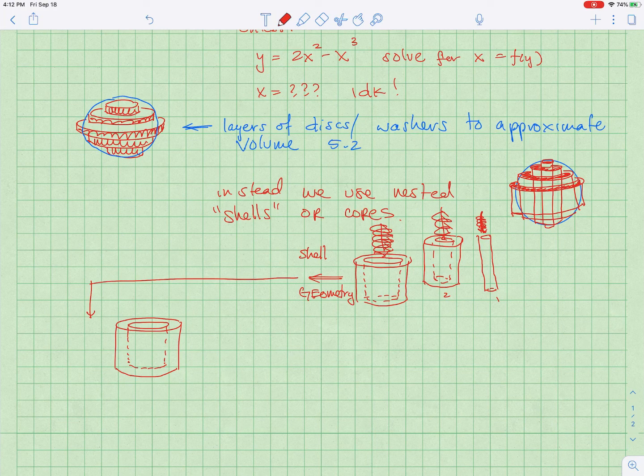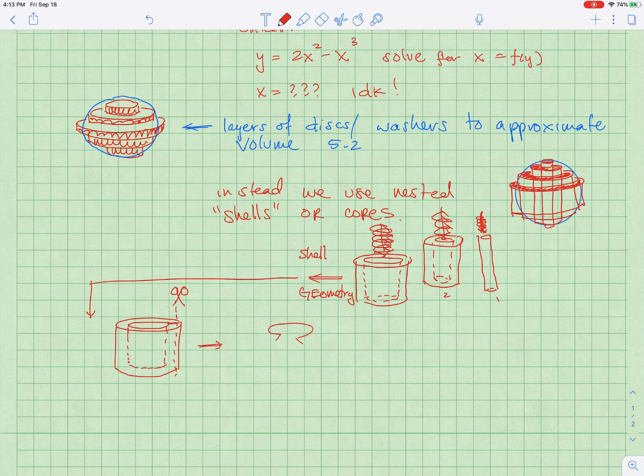And we're going to take some scissors. Drawing my scissors there. And we're going to cut this sucker right down the side. Snip, snip, snip. And then we're going to take this shell and roll it out flat. So I'm going to cut there and then I'm going to open it up a little bit.